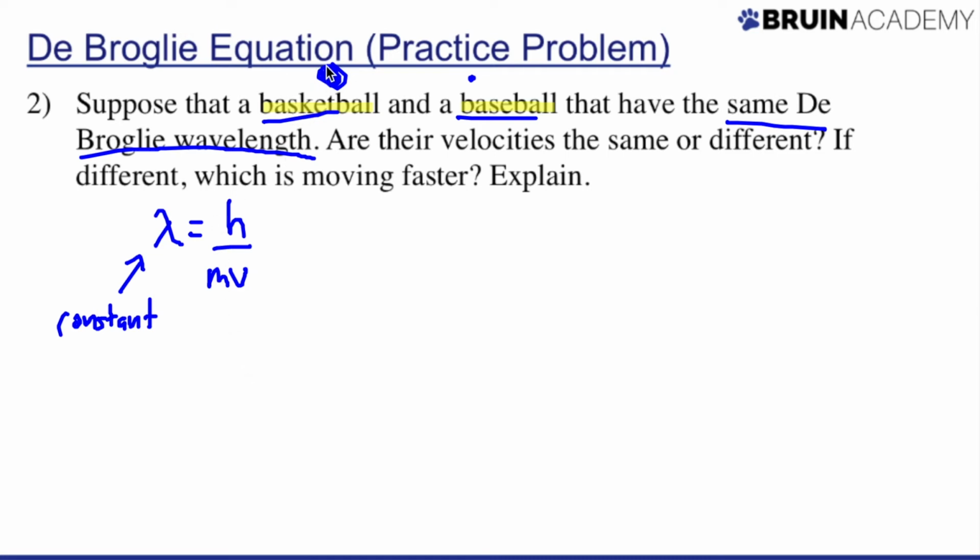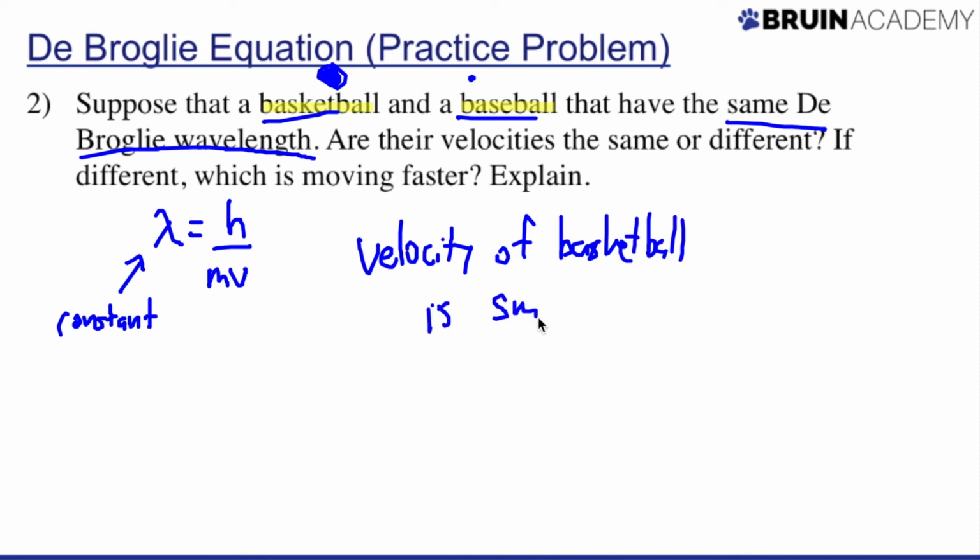So a basketball's mass is larger, so the mass is larger for a basketball, meaning that the velocity for the basketball needs to be smaller. So we would say that velocity of the larger object, which is the basketball, is smaller.